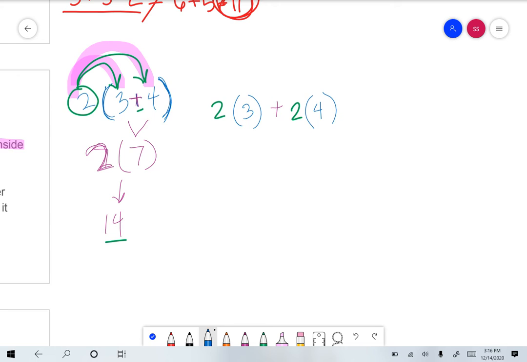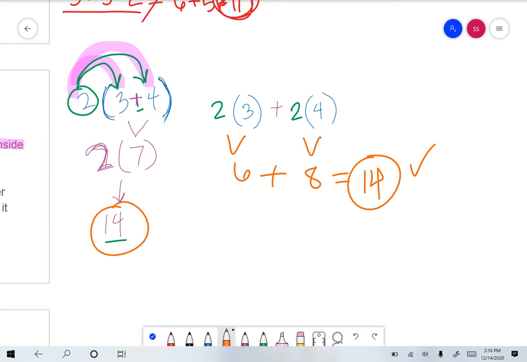And then let's find the answer. 2 times 3 would be 6, and then 2 times 4 is 8. If we add those together, we get 14. So that matches. Now, some of you may be thinking, why would we want to do this extra step of multiplying separately first and then adding, versus adding then multiplying one number?